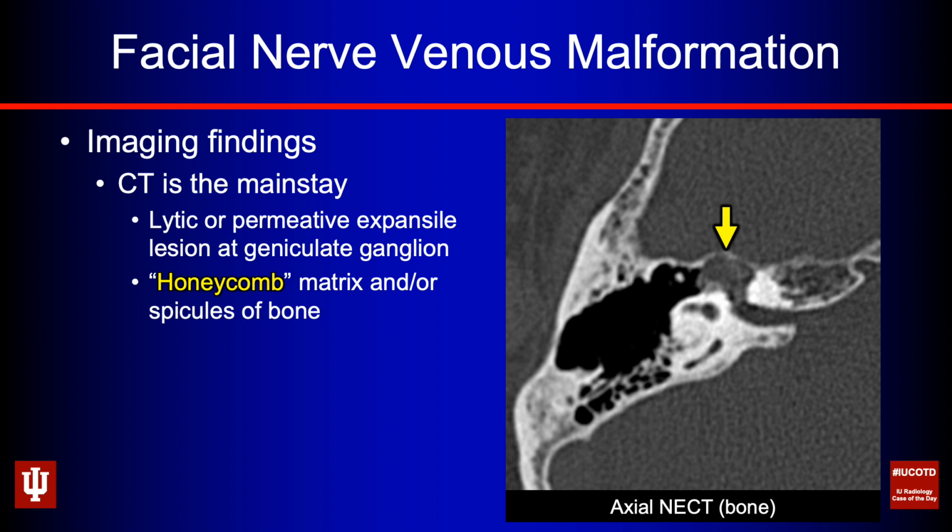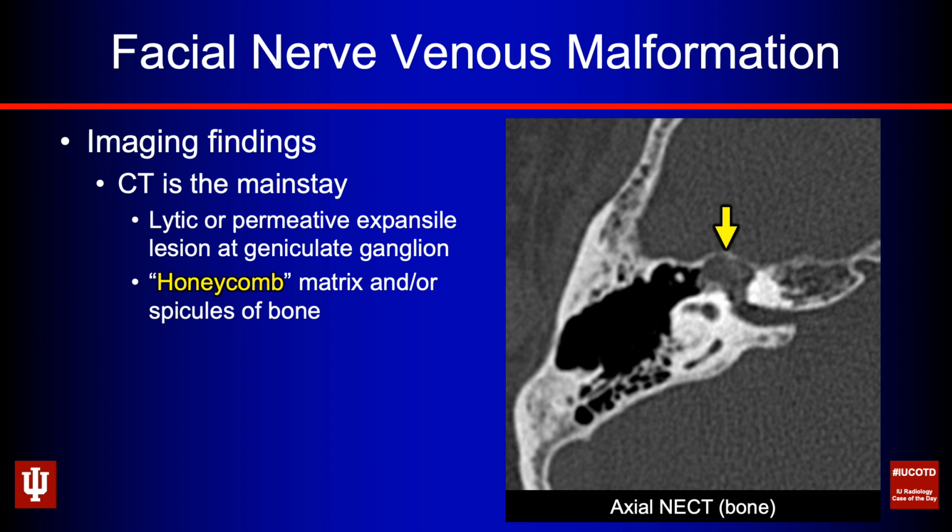These are the same things that we see in the spine. They have sort of that corduroy or polka dot appearance. We always call those hemangiomas. We shouldn't. That's not what they are. But look for that kind of appearance in this location, and that is a facial nerve venous malformation. So here you can sort of get this little spiculated look to the bone changes internally within it.